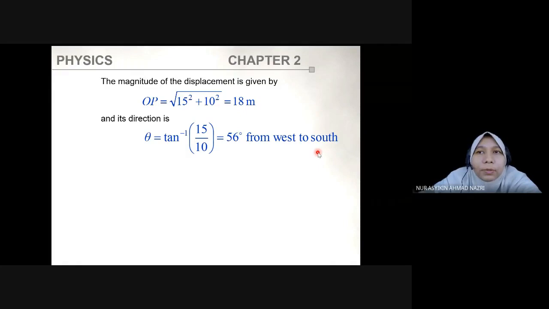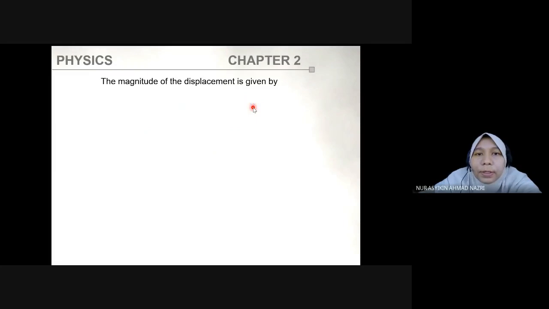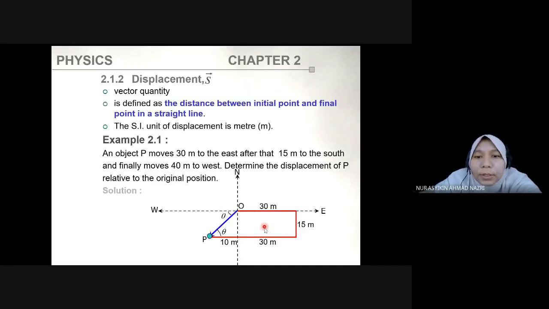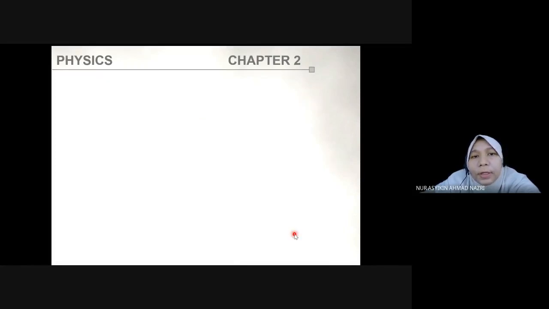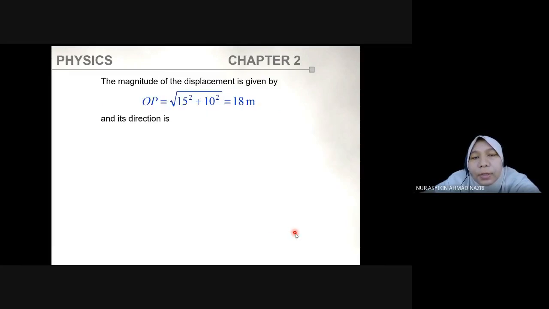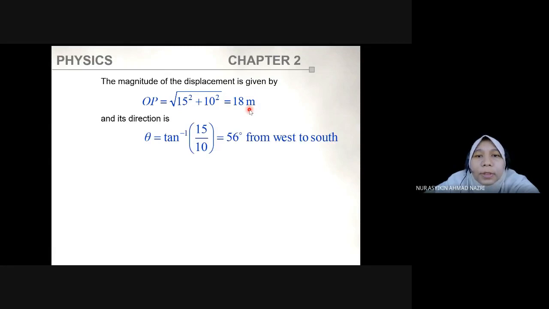Cuma dia dekat bawah tu dia arah ke bawah. So the difference dengan distance. So distance dia, we might get 30, 30, 60, 70, 85. So different lah. So that's why kita kata displacement 18 meter, tapi distance 85 meter. Okay, so that's the difference.